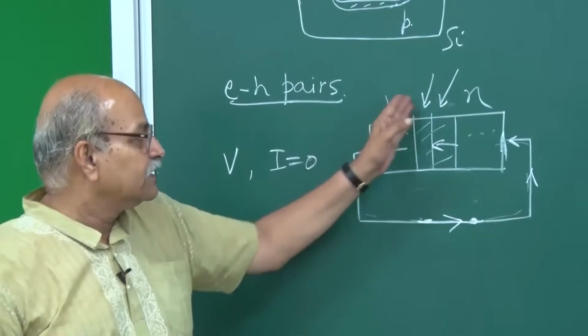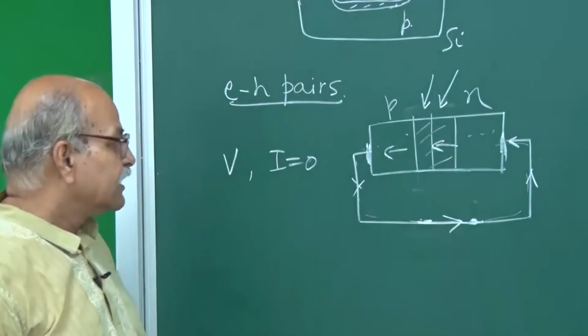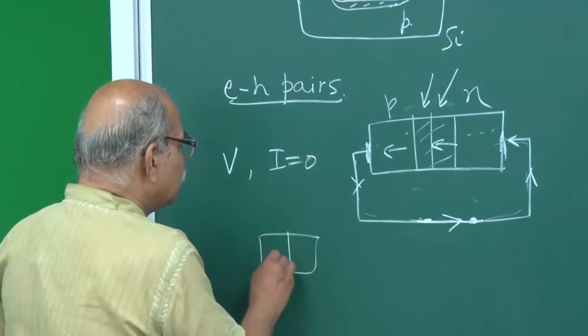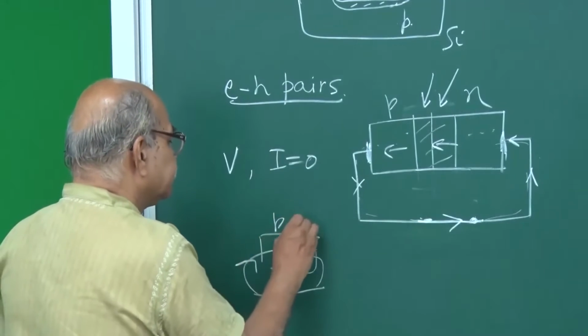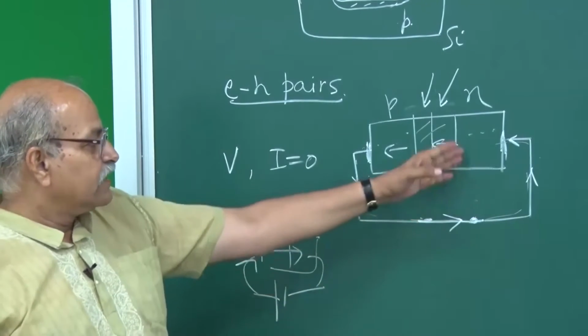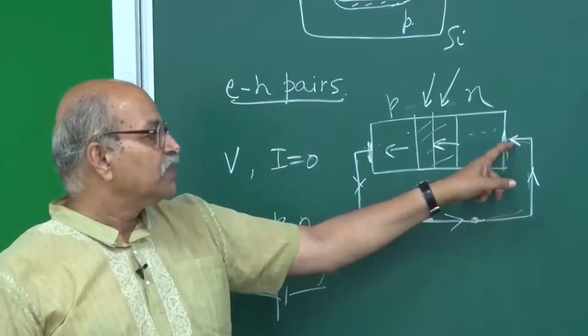Okay, this is the p side, this is the n side. Normally p to n we take as the positive current. When we do a forward biasing of any p-n junction, the current goes like this. So this is our typical positive direction of the current, and here it is going in the negative direction. What is the potential drop here?